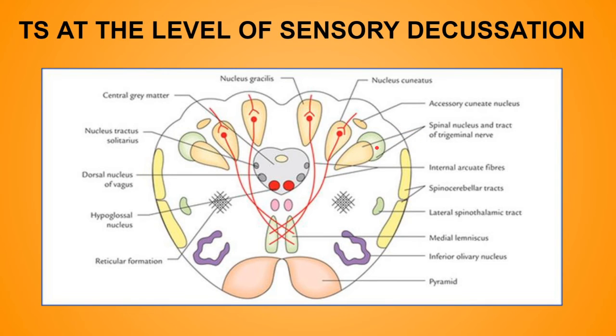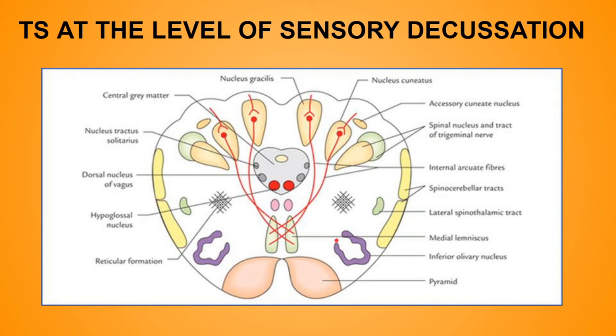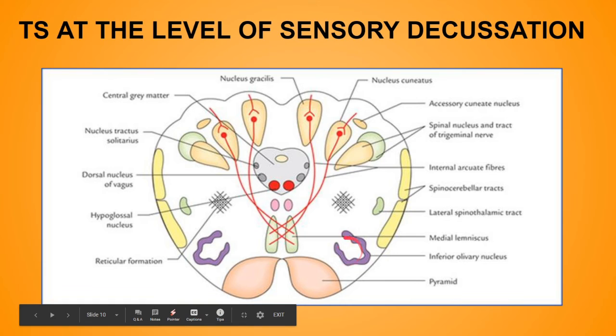The separated spinal nucleus and tract of the trigeminal nerve lie ventrolateral to the cuneate nucleus. So just remember, the accessory cuneate nucleus lies dorsolateral and the spinal nucleus and tract of the trigeminal nerve lie ventrolateral to the nucleus cuneatus. Now this is the inferior olivary nucleus, and only the lower part of the inferior olivary nucleus is seen in this section.